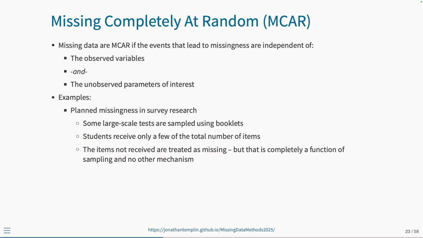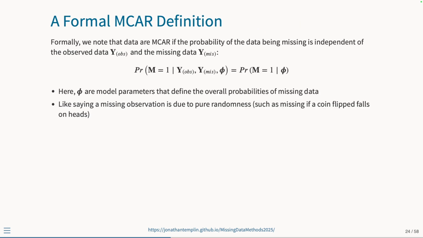Missing completely at random. I was arguing, probably not going to happen. Anybody? Let's just be real about it, right? But if it does happen, here's our formal definition. The probability of missing, remember that's that indicator. If we were to build a logistic regression for each variable and model the probability of it being missing, taking our observed data matrix and our missing data matrix as predictors, and then phi the parameters, what we would see is that this would have zero weight coefficients on observed and missing.